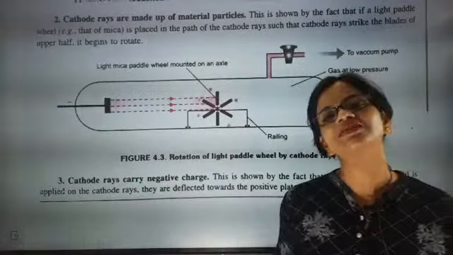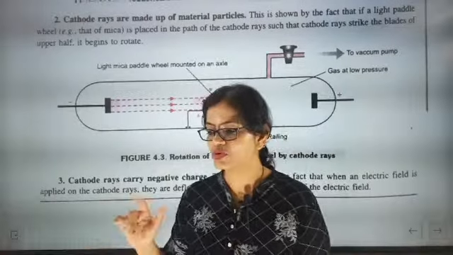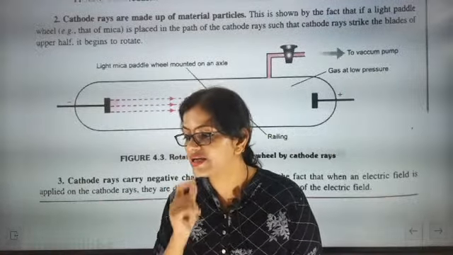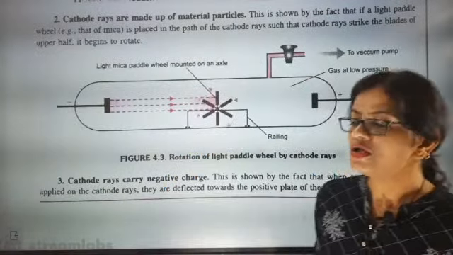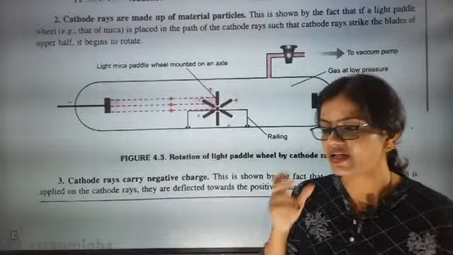This proved that the cathode rays contain material particles. So they are negatively charged and they contain material particles.